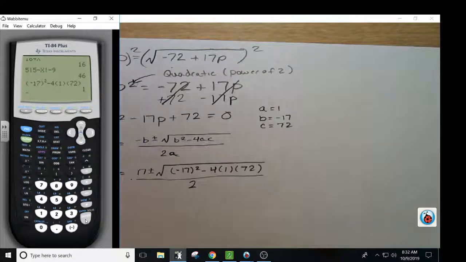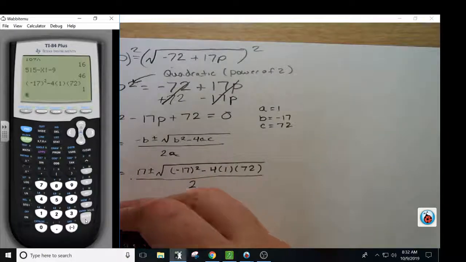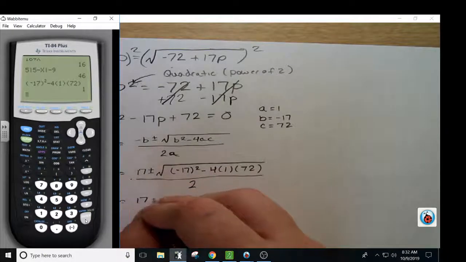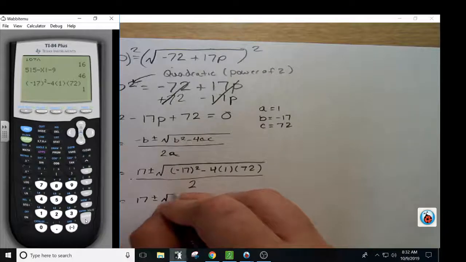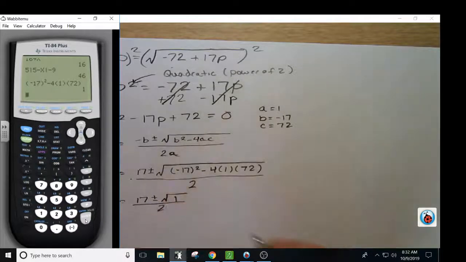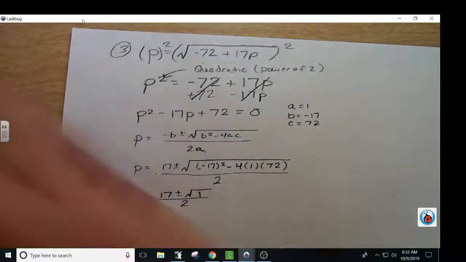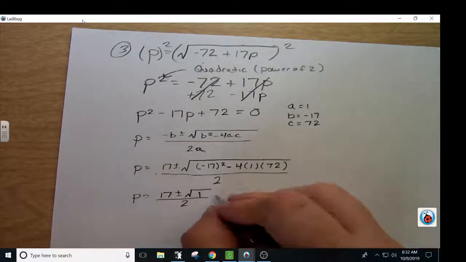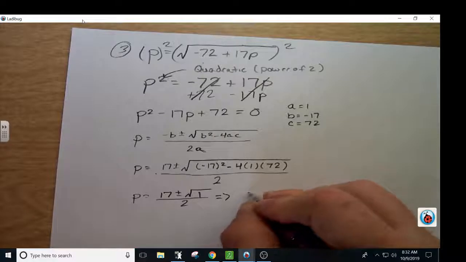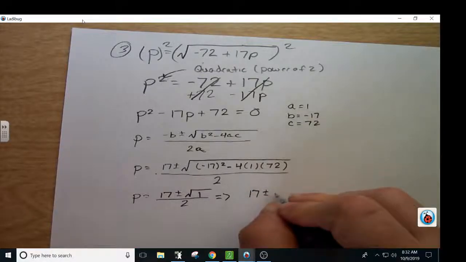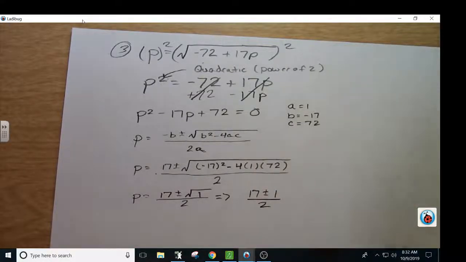That was really simple. All right, so that's p equals 17 plus or minus the square root of 1 over 2. Now, what's the square root of 1? 1, right? So that's going to be 17 plus or minus 1 divided by 2.